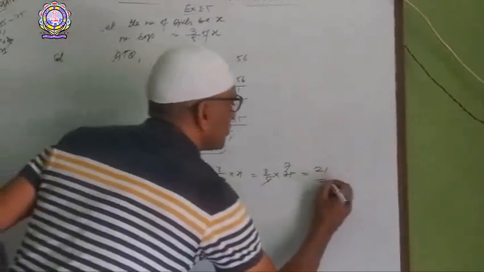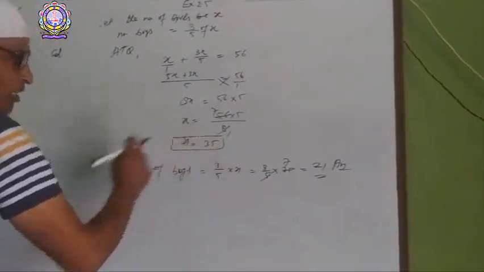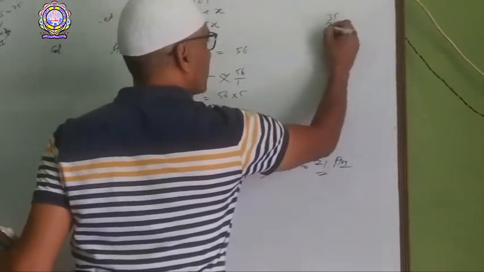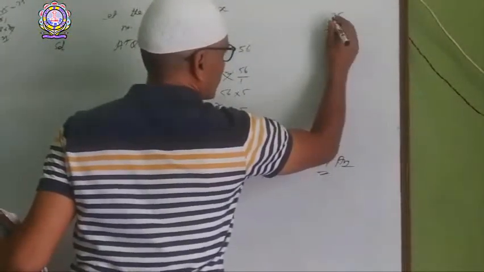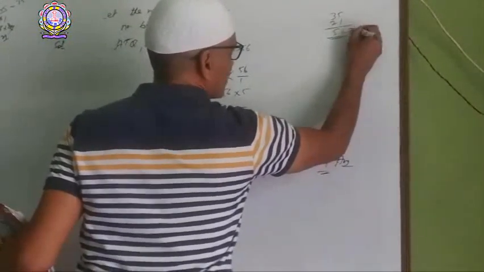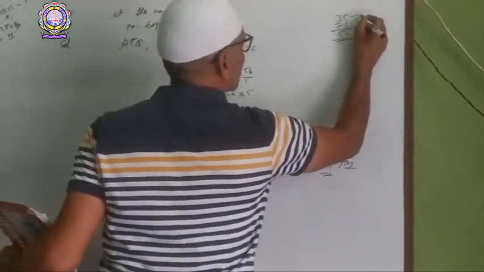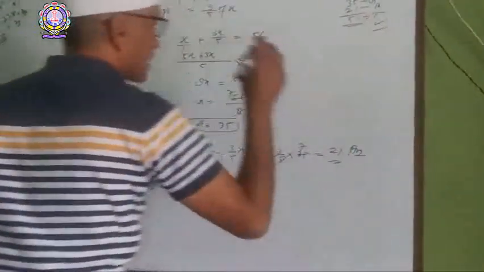The number of boys will be 21. This is the answer, and the number of girls will be 35. If we add 35 and 21, we get the total number 56. This is the total number, this is the number of girls, and this is the number of boys. And our answer is checked.